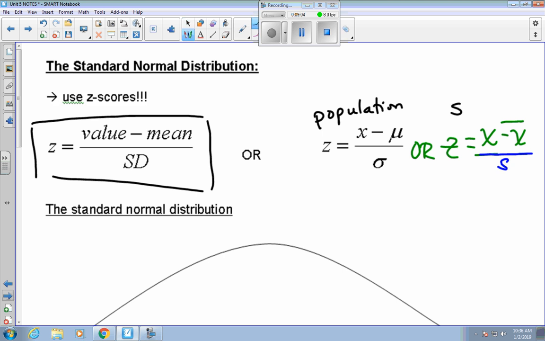And remember, this is your sample. Sometimes the only standard deviation you know is the population standard deviation. Sometimes the only mean you know is the population mean. So these 2 formulas can be interchanged because they're the exact same formula.